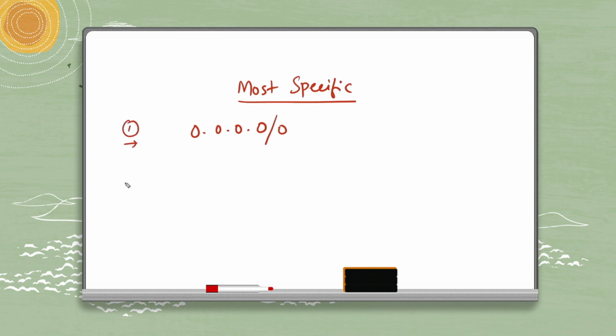This is the first, and this is the second. Can you tell me which is the most specific in this case? This is generic. This is specific, right? So this one is most specific.